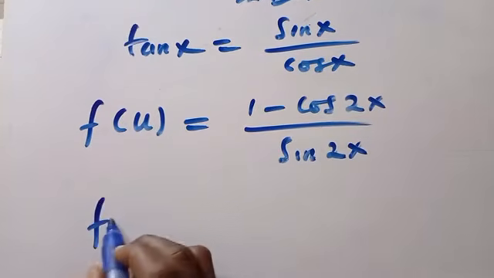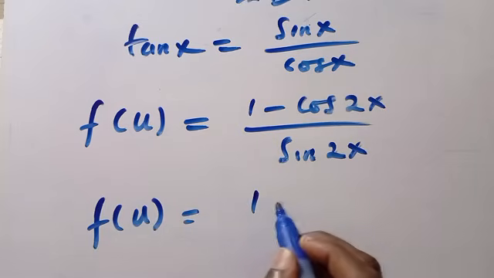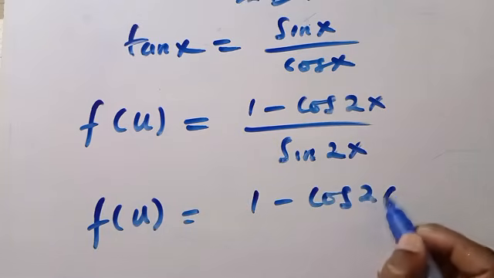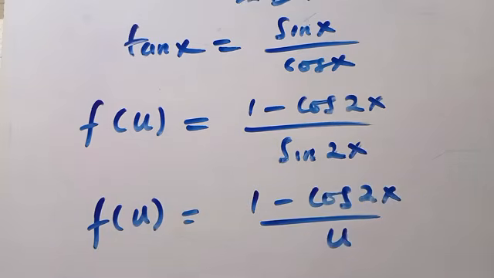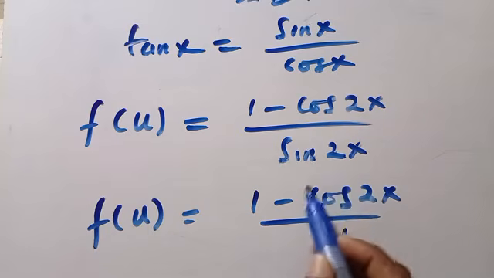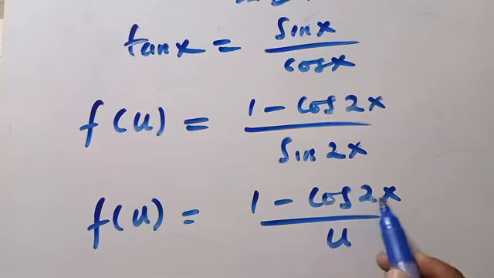So we have f of u equals 1 minus cos 2x divided by u. We are trying to express everything in terms of u. It is left to us to write cos 2x in terms of u as well. So how can we do this?